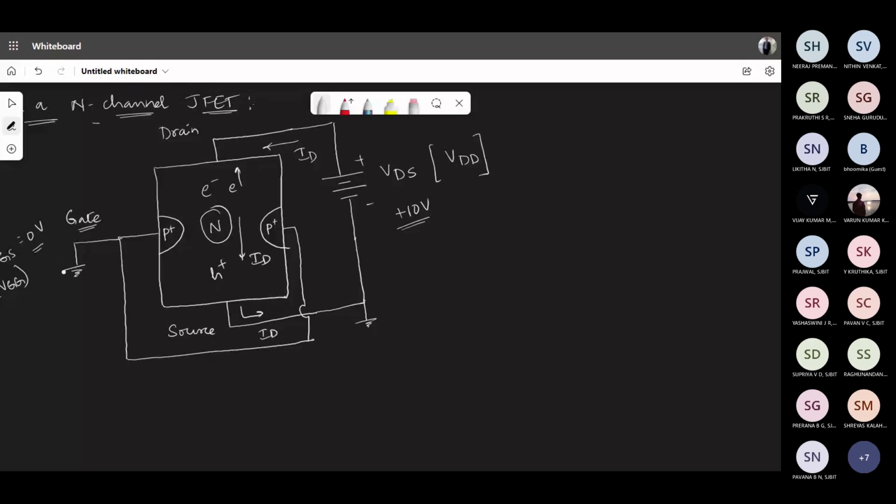As the gate voltage is equal to 0, the significance of these two P plus regions is not shown, and they are not really affecting the channel here.